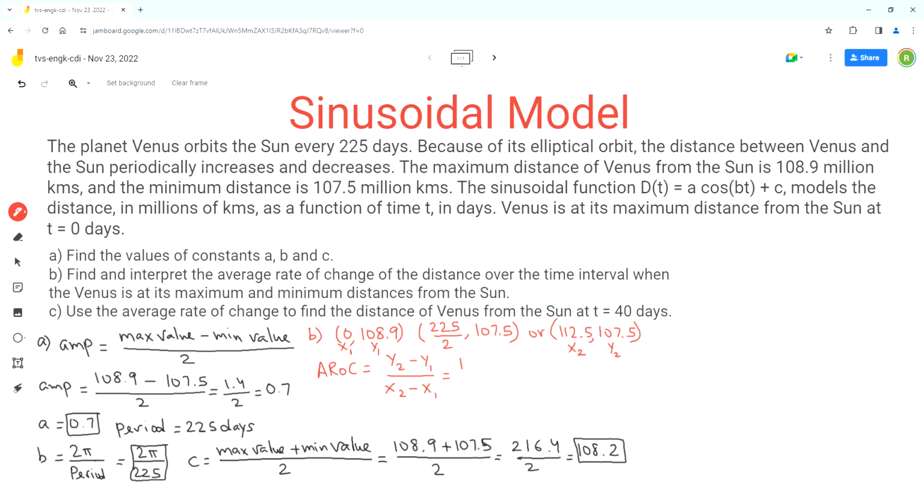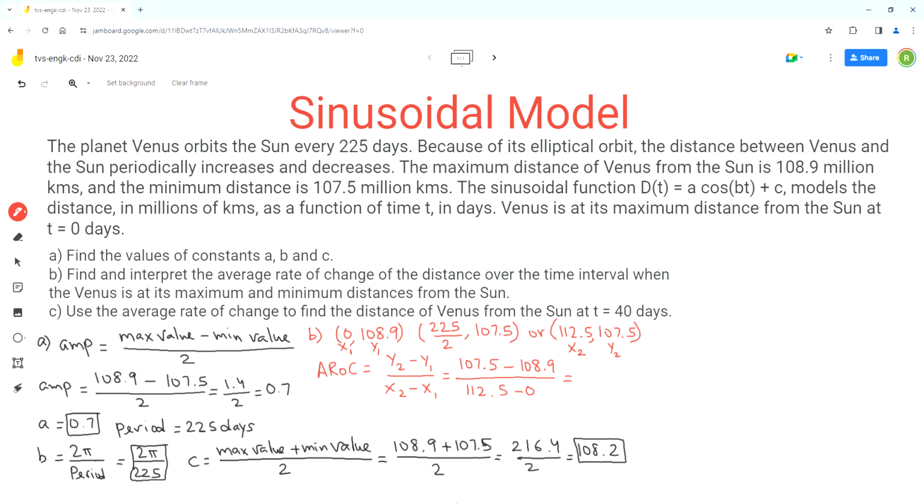So we get 107.5 minus 108.9 over 112.5 minus 0.